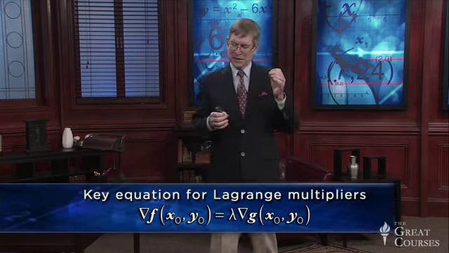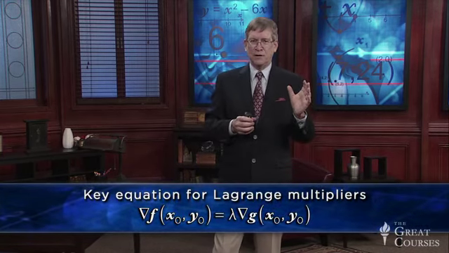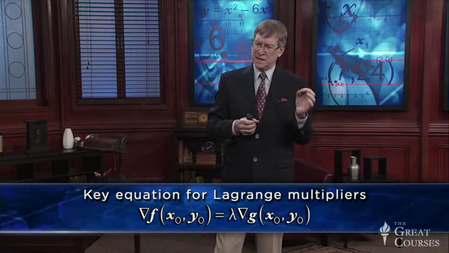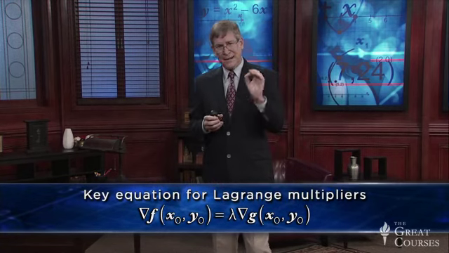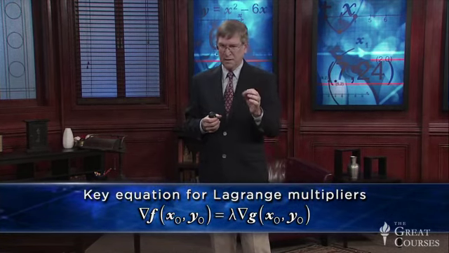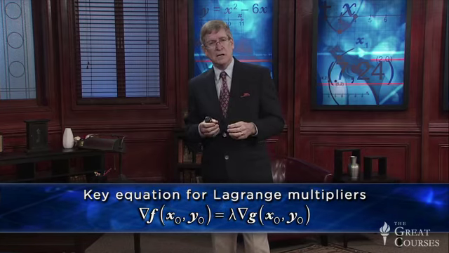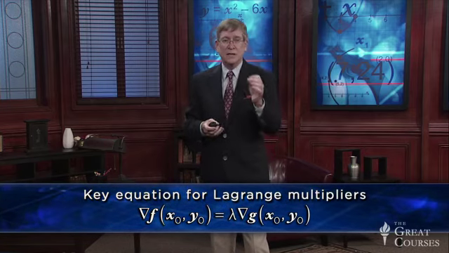The bad news is, of course, the algebra can be messy. I did a problem today where the algebra wasn't too bad, and you saw that it even took a little bit of time to do. Other problems can get quite difficult here. The key equation for Lagrange multipliers is the gradient of the function you're trying to optimize, gradient of f, equals lambda, a multiple of the gradient of the constraint equation, gradient of g.